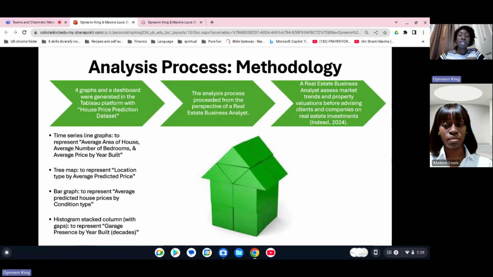Then we proceeded to analyze the issue from the perspective of a real estate business analyst. If you all don't know, a real estate business analyst assesses market trends and property valuations before advising clients and companies on real estate investments.